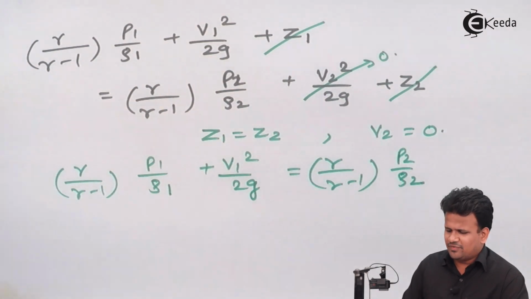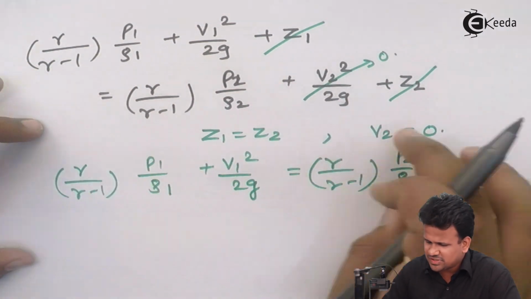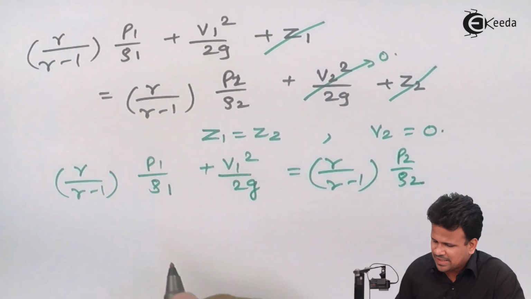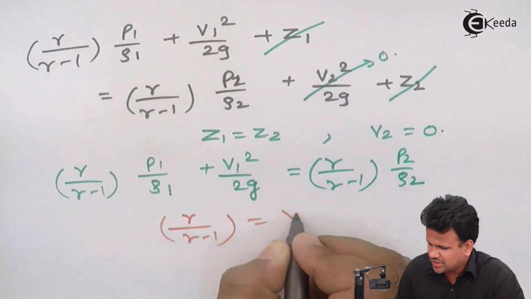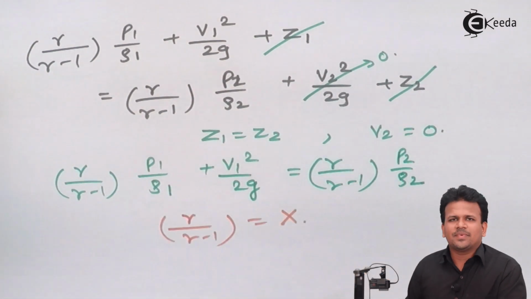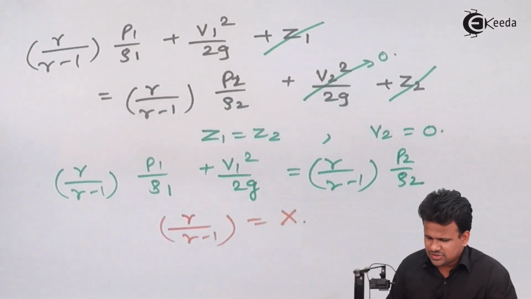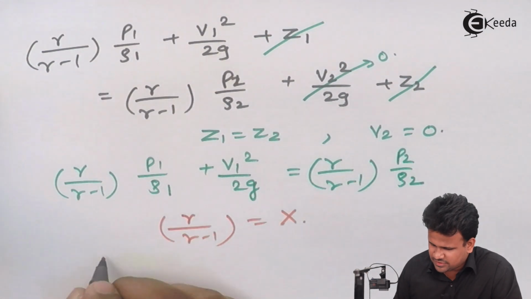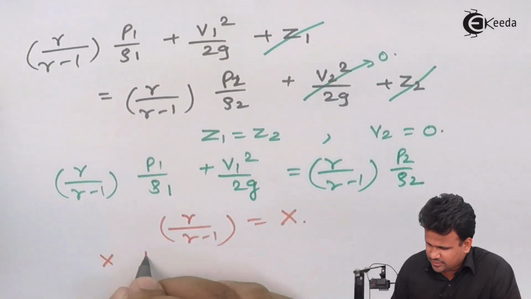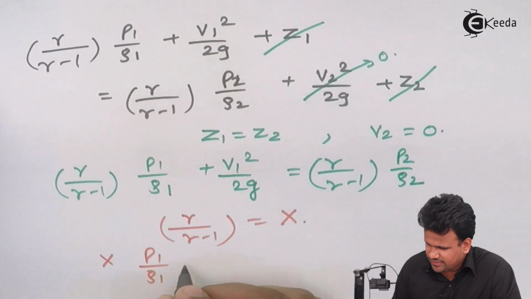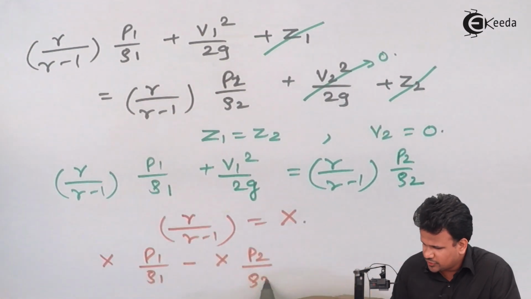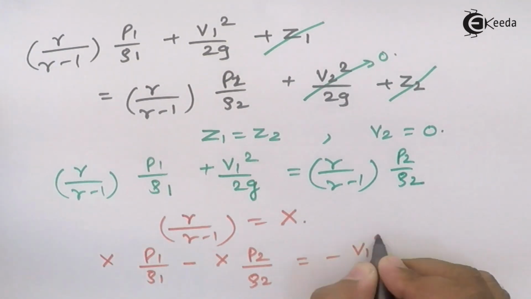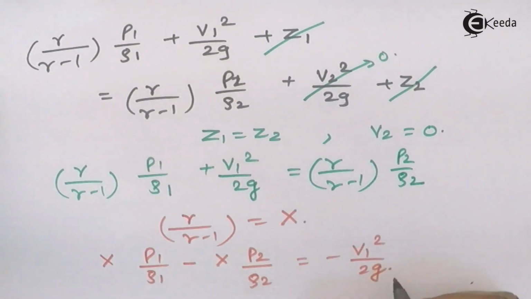For our convenience, for the sake of writing the derivation, let us take gamma upon gamma minus 1 as equal to x. So I can write x into P1 upon rho 1 minus x into P2 upon rho 2 is equal to minus V1 square by 2g.